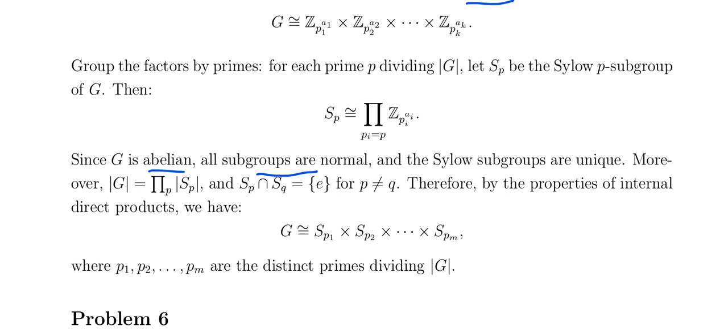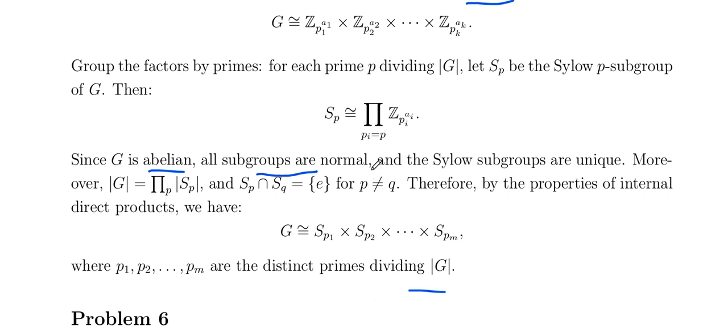So the order of G is equal to the product of the orders of Sp. Sp intersection Sq, when you take distinct Sylow p and Sylow q subgroups, is the identity element for p not equal to q. Therefore by the properties of the internal direct product, G is isomorphic to Sp1 cross Sp2 cross ... cross Spm. This is the idea, where p1, p2, ..., pm are distinct primes dividing the order of G.